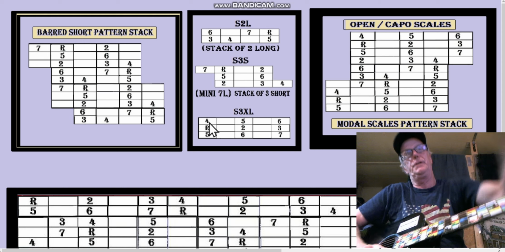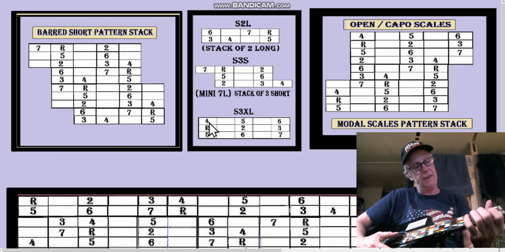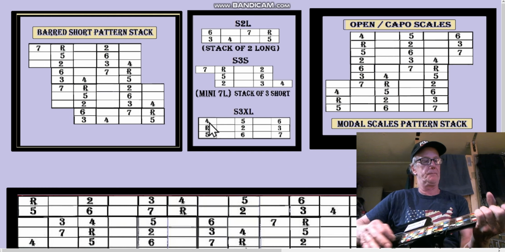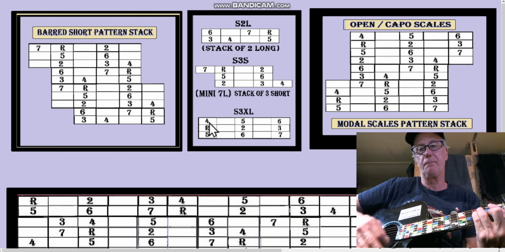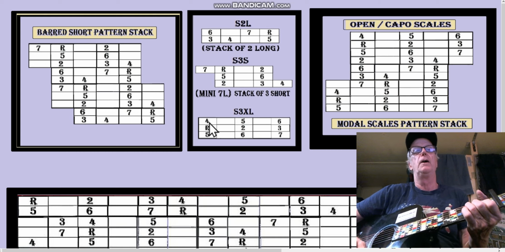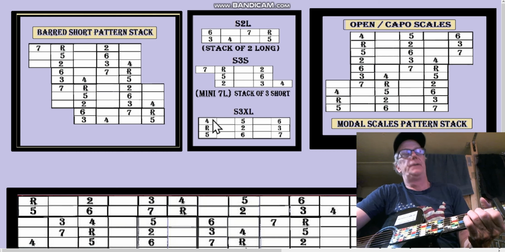So if it's in the key of C, there's a 4 right here. Now that is an F.